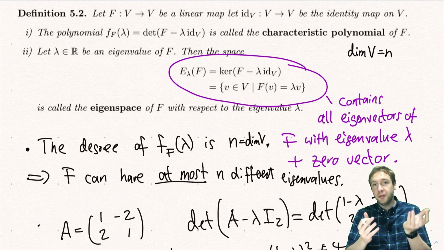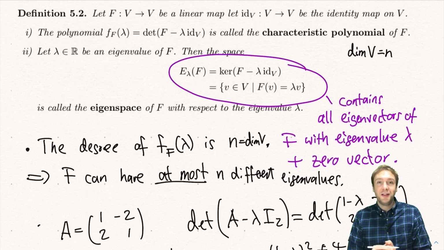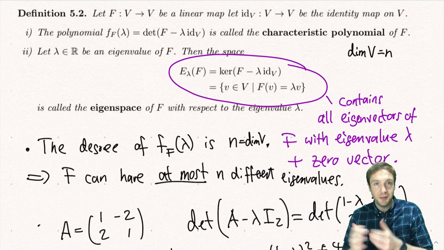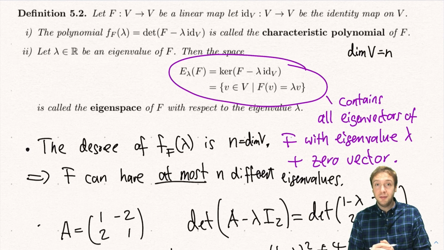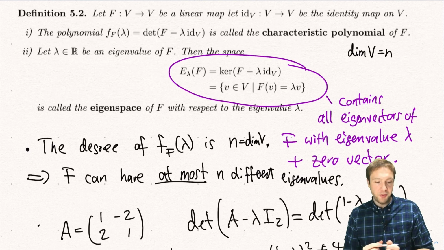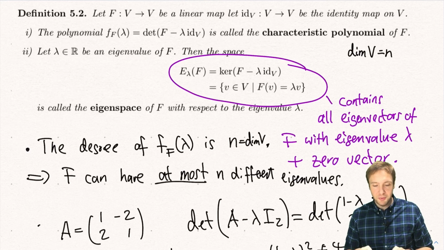Taking them as a basis and writing down the matrix of this linear map with respect to these eigenvectors was nice, meaning that it was just a diagonal matrix. And this we will do next time, and maybe also include some applications. See you then.